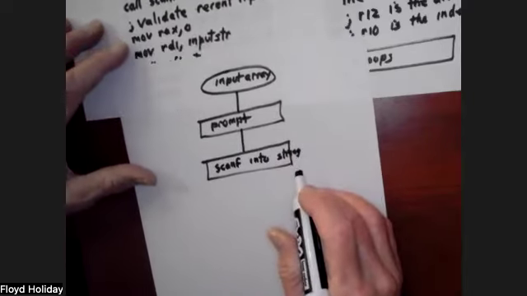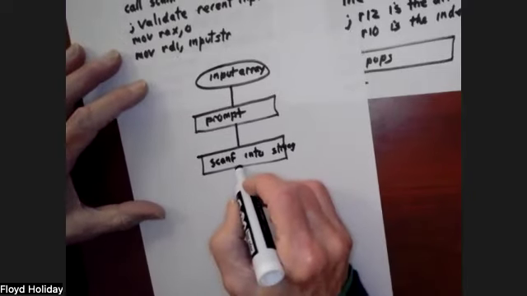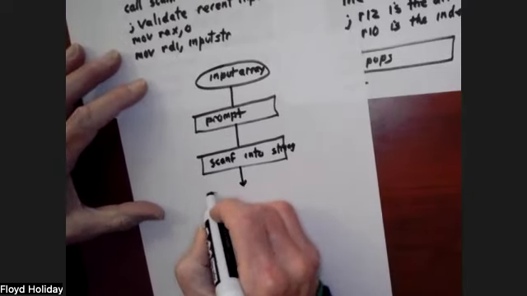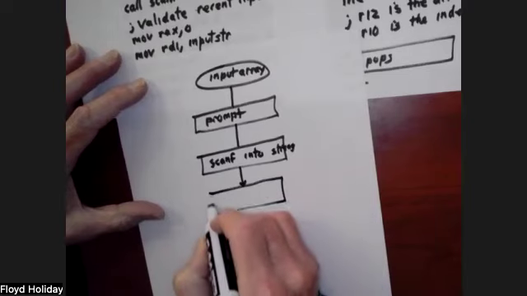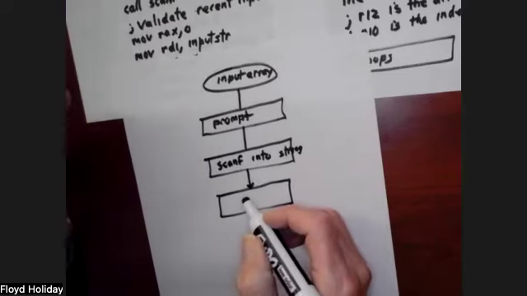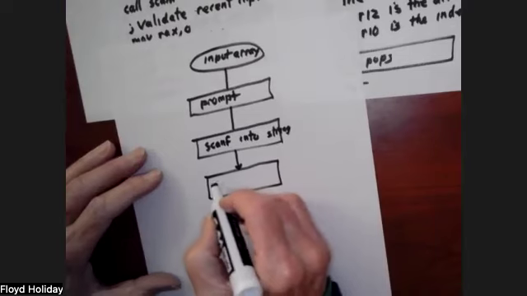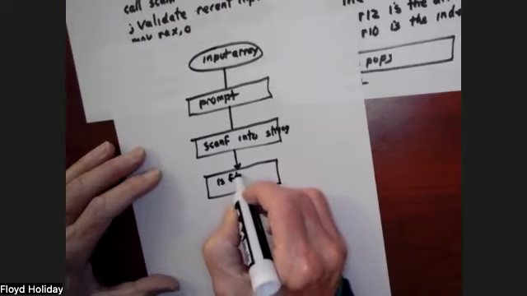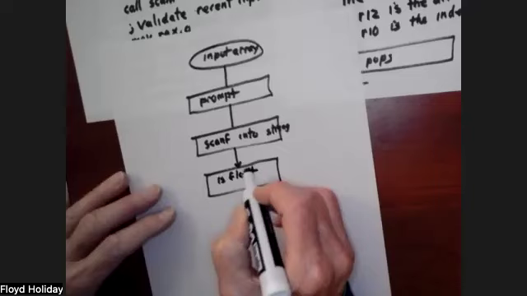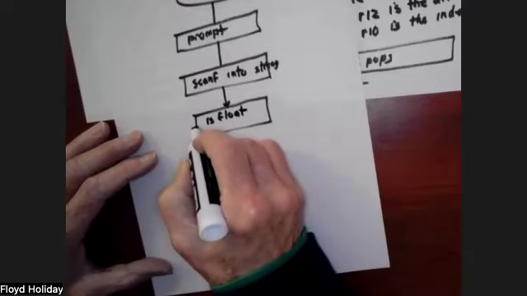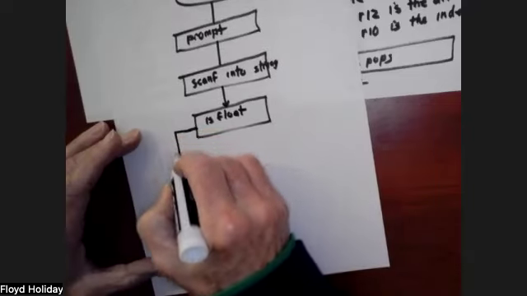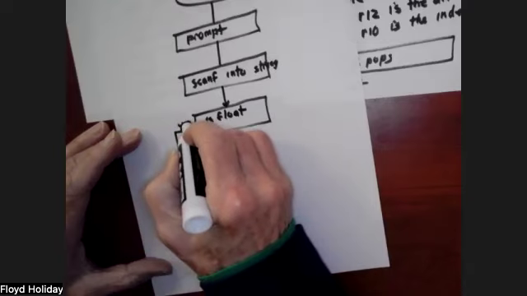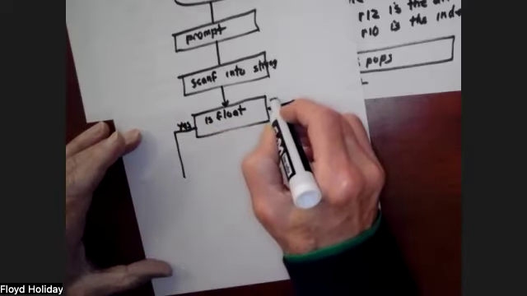That's okay. Then call validate. Not call validate. Call is float. Is float. Yes. No.